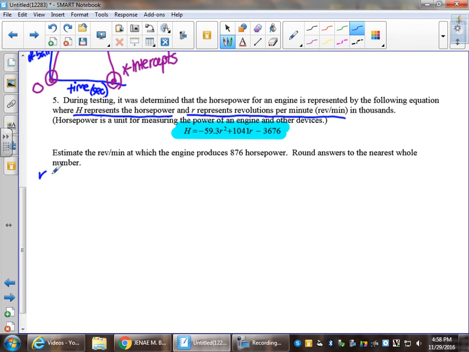So the input R is revolutions per minute, which is also abbreviated rev per minute, however you want to write it. And H, I'm told, is horsepower.